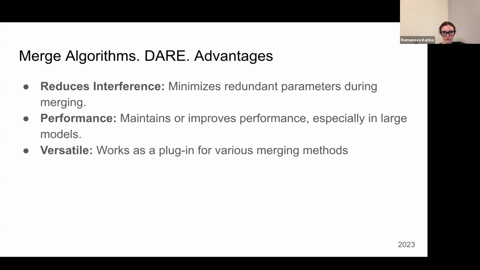There are some advantages. For example, by reducing the number of delta parameters, it simplifies the merging process and decreases the computational burden. Also, the rescaling step ensures that the merged model retains the performance characteristics of fine-tuned models even after parameter pruning. Also, there is flexibility in this method.